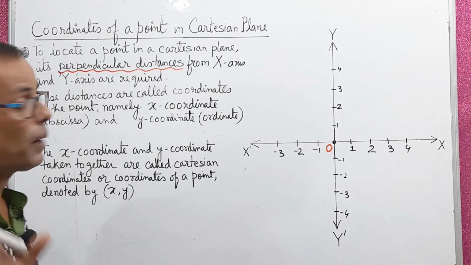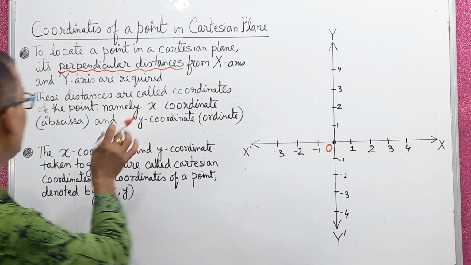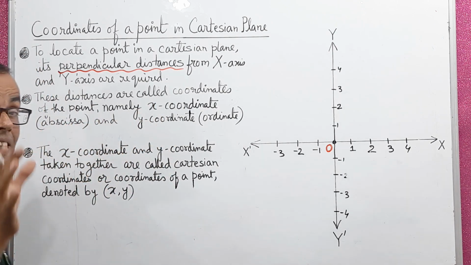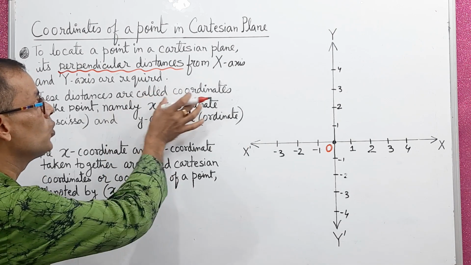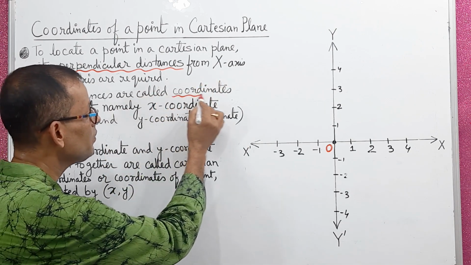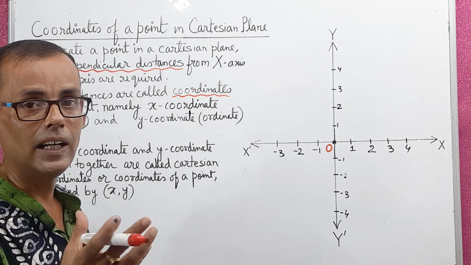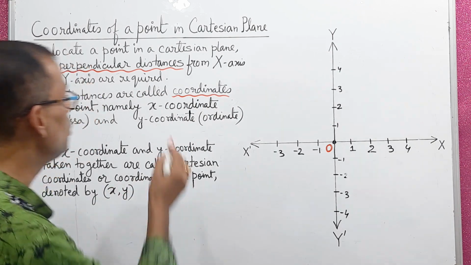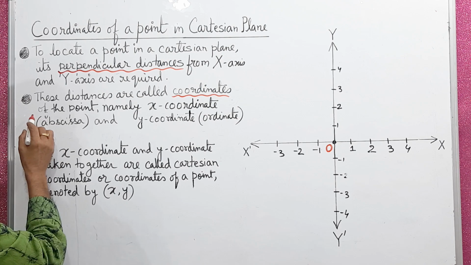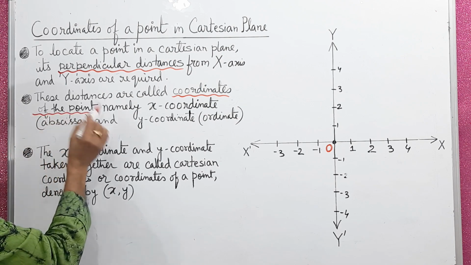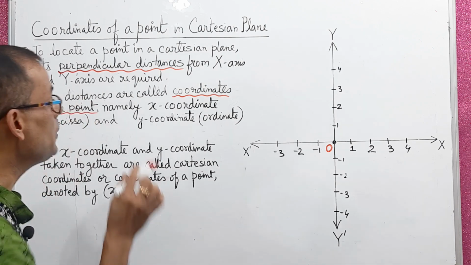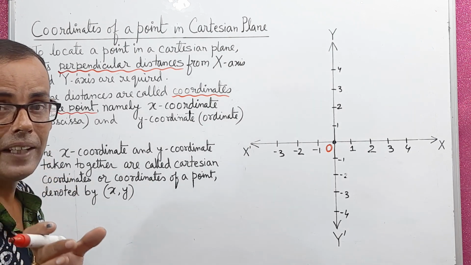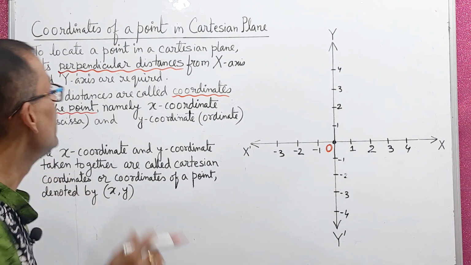Then these distances are called what? When we are taking the perpendicular distances, those distances are called coordinates of a point.